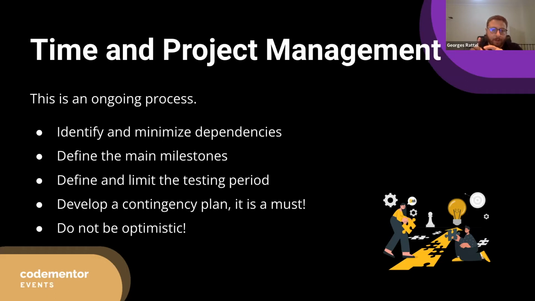So time and project management is not feasible if what the client expects and the end result is not really clarified. It's not really clear, not really certain and explicit for both parties.